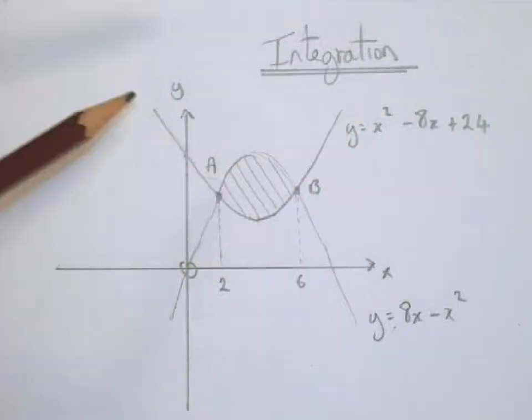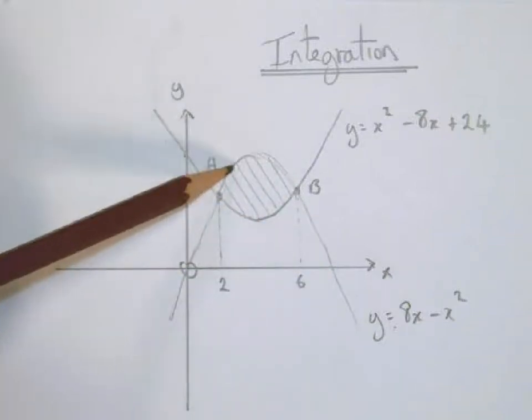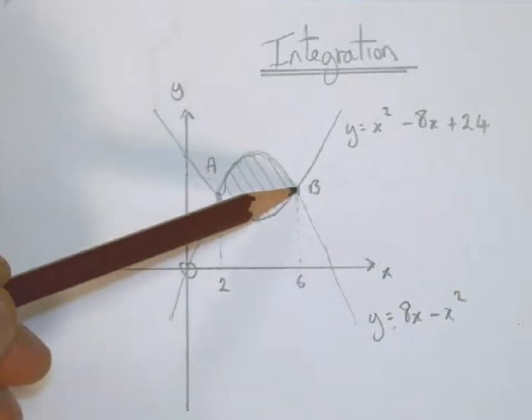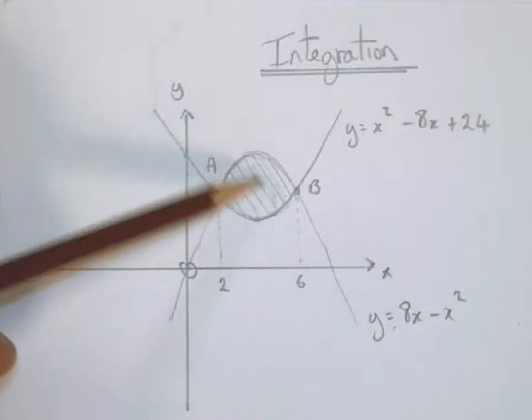Because we're going to be finding out the area underneath this curve, the top curve, and then we're going to be taking away the area underneath this curve, and that will leave us with this shaded bit here.